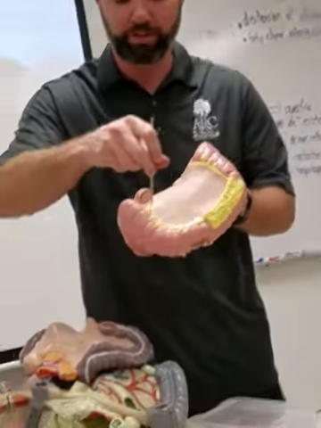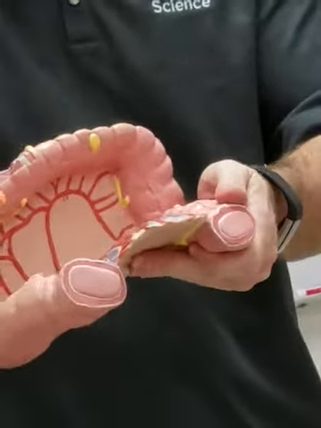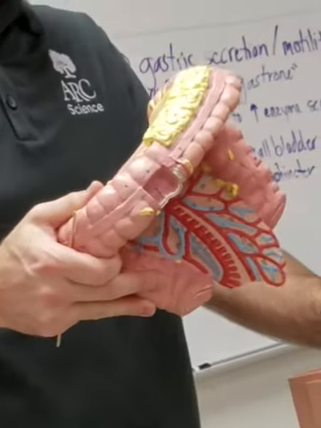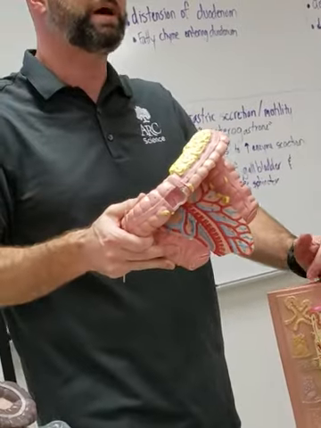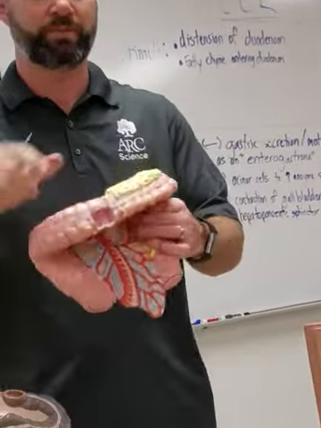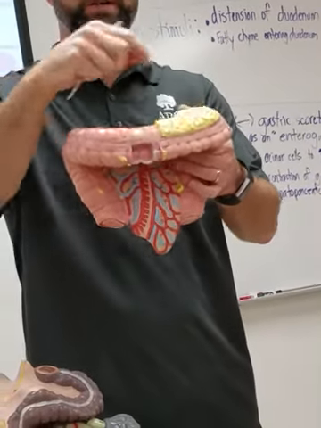All these little yellow things hanging off the colon. Fatty appendages, fatty appendices, epiploic appendages, or epiploic appendices. This fat here is part of greater omentum.